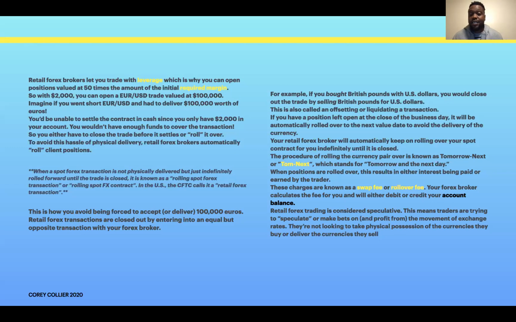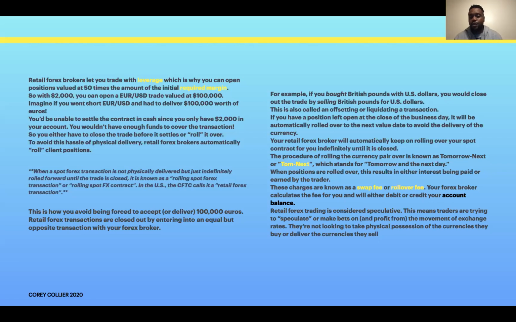If you have a position left open at the close of a business day, it will automatically be rolled over to the next value date to avoid delivery of the currency. And you'll get hit with what is called a swap fee or a rollover fee. This is something that your broker automatically does and will keep on doing until either you get hit with a margin call or you close the trade itself, okay?